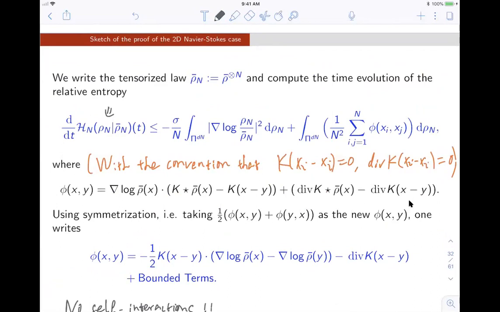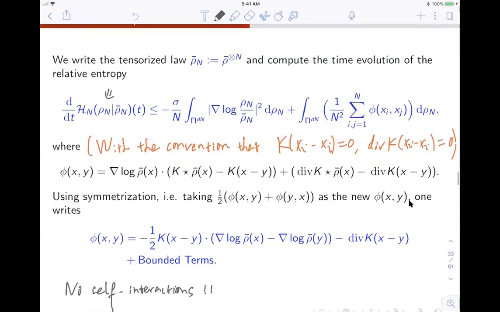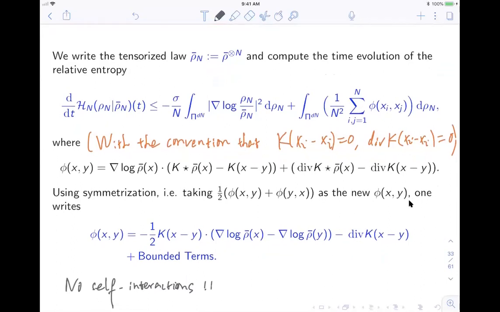You need to do that to make this precise. But if we do it in an informal way, we just take the time derivative of the relative entropy, and there are a bunch of terms we need to control. This is the final formula, and you can look at our paper for the complete computation.